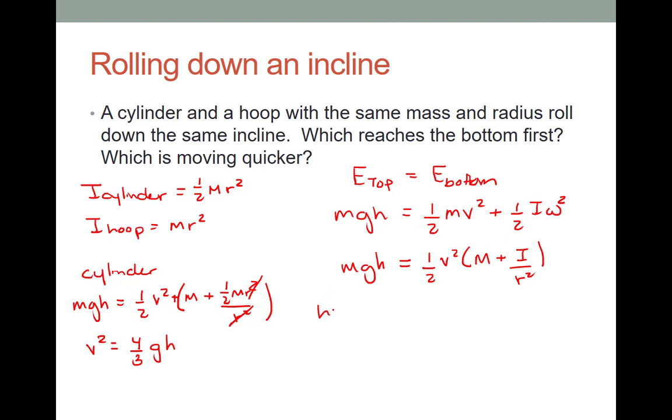For the hoop, I get mgh equals 1/2 v squared times the quantity m plus mr squared divided by r squared. The r squareds again cancel, and I can solve for v squared equals gh.